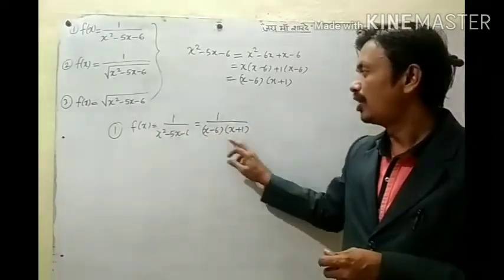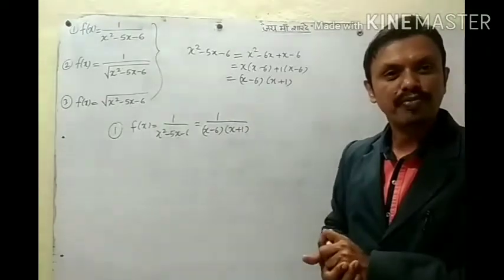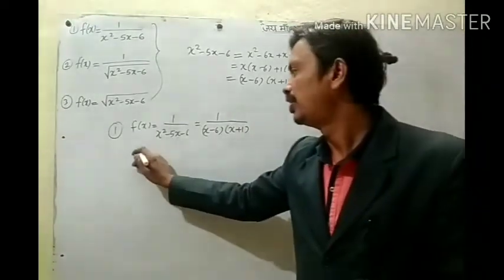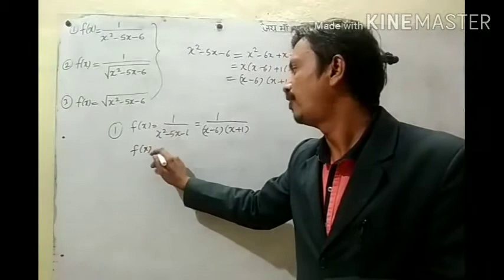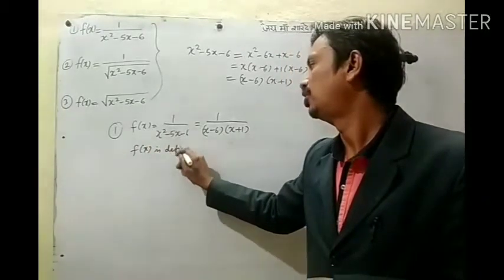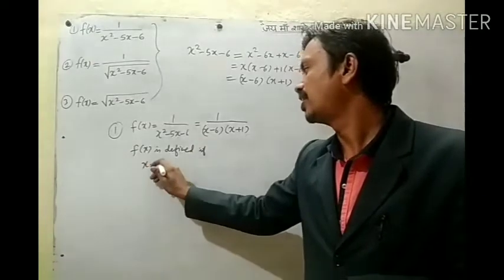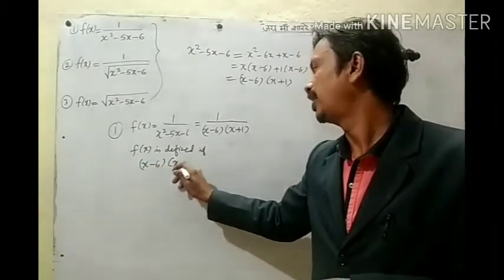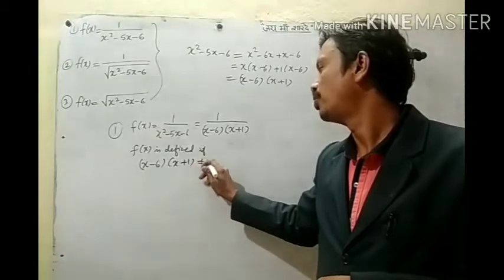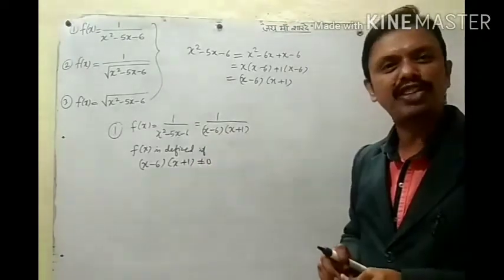So the denominator should not be 0. So f of x is defined if this x minus 6 into x plus 1 is not 0. If it is not 0, then only the function will be defined.